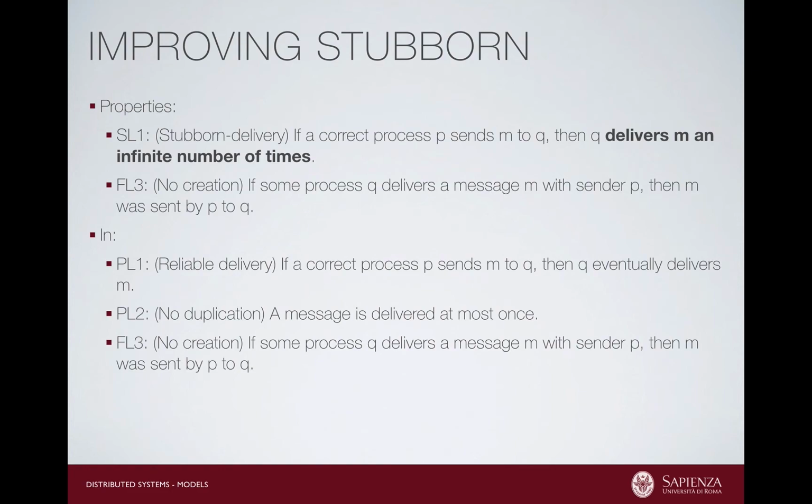And this property is a safety property, because if a process delivers a message twice, then you are done. For any extension of an execution where you deliver twice, you cannot save it anymore, so something bad happened.